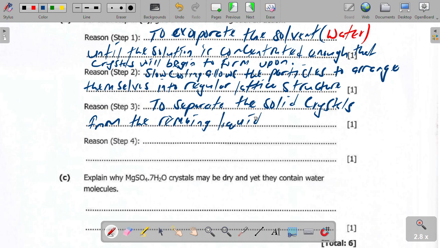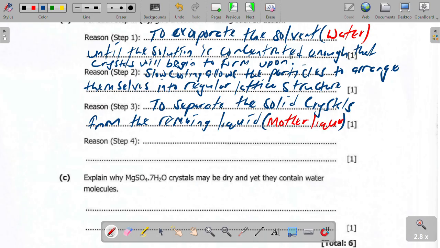This is the reason why we filter. The remaining liquid is the mother liquor. Okay, you have your 1 mark there.